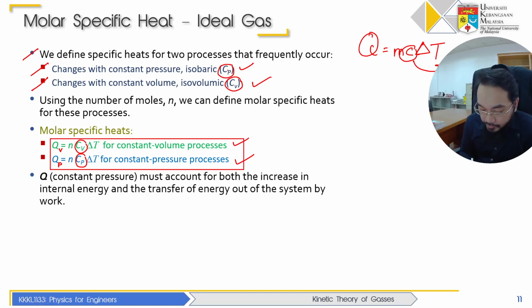So the specific heat for a constant pressure process must account for both the increase in internal energy and the transfer of energy out of the system by work.